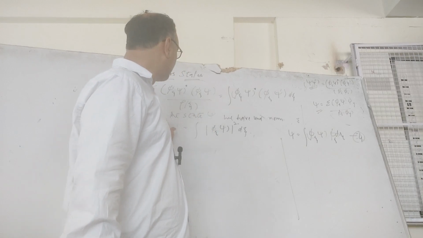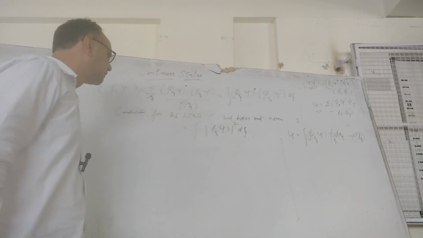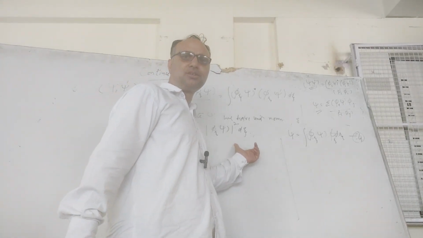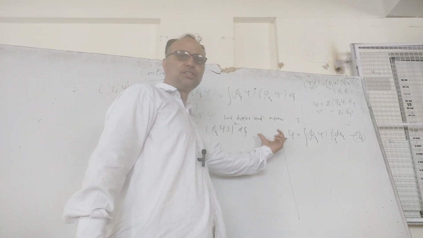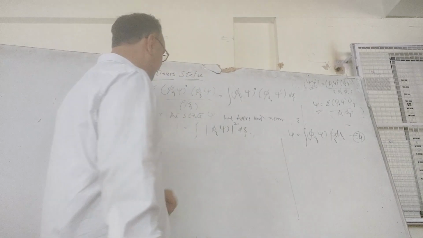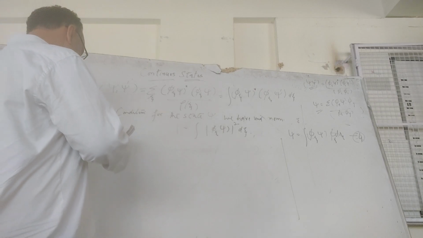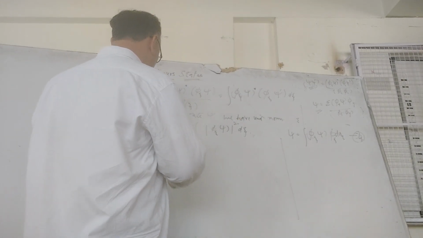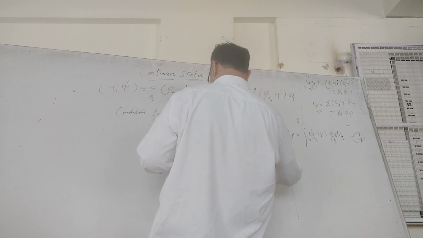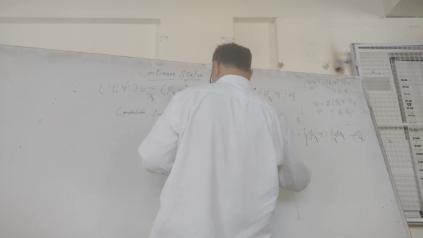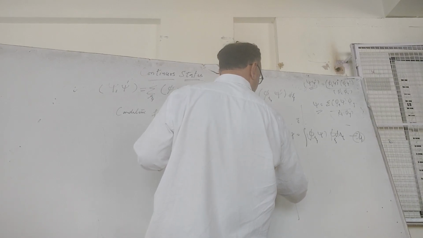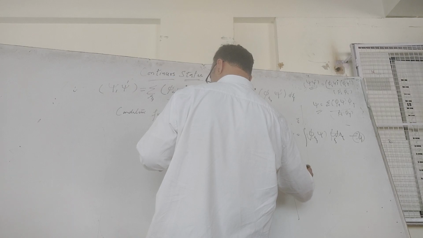So how can we represent these continuum states which exist between rho and rho plus d rho, and zeta and zeta plus d zeta? How can we write the probability? For example, yesterday we saw the probability of psi going to phi was phi of psi square.